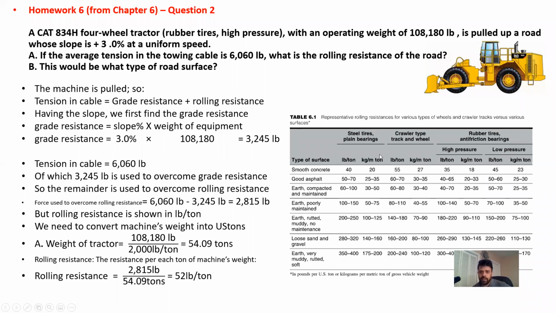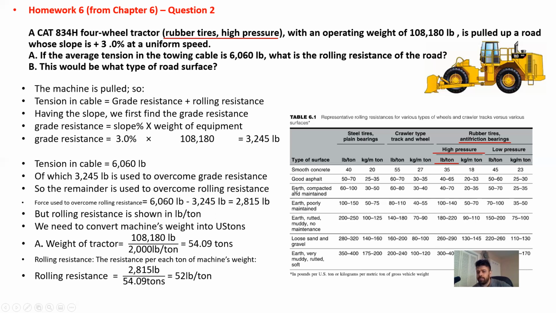We need to look at the type of the tires we have. So we have rubber tires with high pressure. So we're not talking about steel, we're not talking about crawler, we're talking about rubber tires. And between low and high, we need to use rubber tires and high pressure. And between these two, not this one, but pound per ton is what we're looking at. We do have the number.